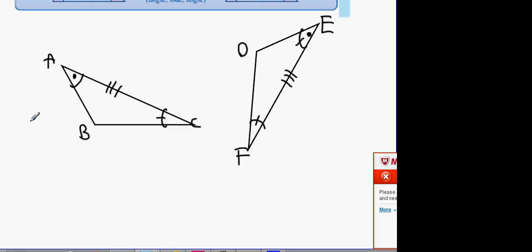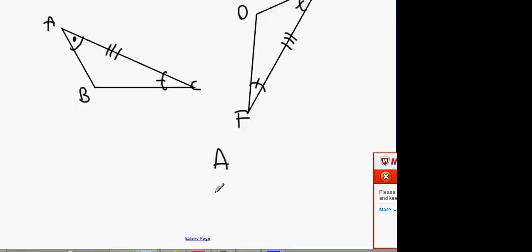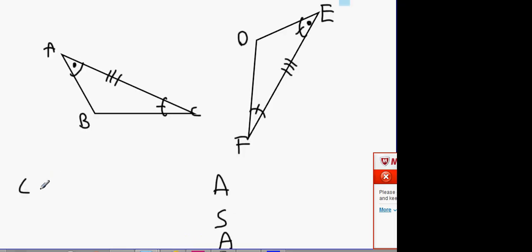Now guys, here's how we do this. Once you realise it's ASA, you write down ASA. Then, when you're done with ASA, you write down angle. What's this angle A, by the way, guys? How do I name it? BAC. Angle BAC equals angle DEF. Kane, what sides are equal? Equals EF.